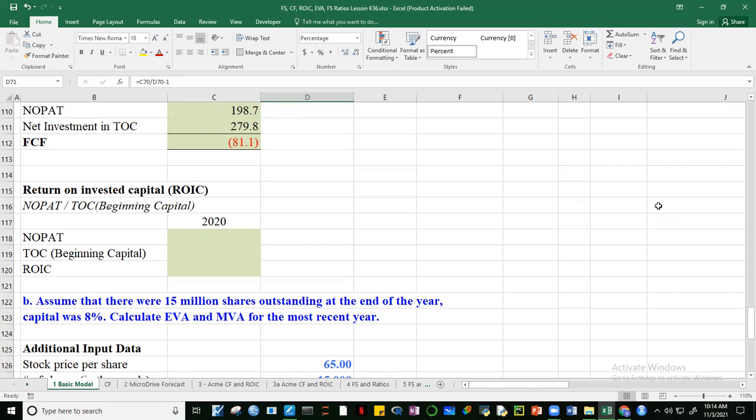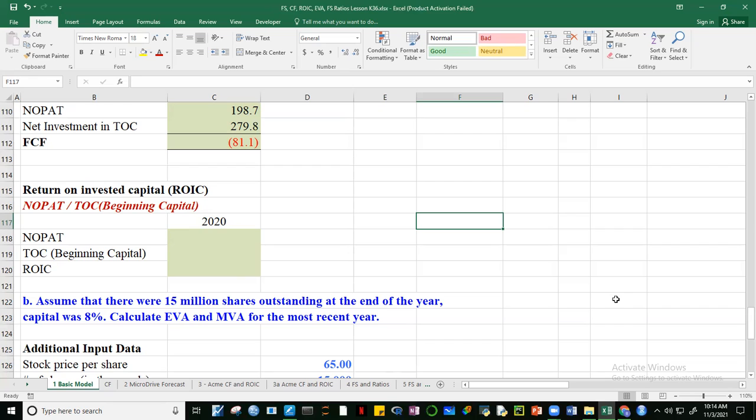What measure can we use in order to answer that? One measure that we can use is ROIC, return on invested capital. And the formula is this one. It's your net operating profit after tax, your NOPAT, divided by TOC beginning capital.